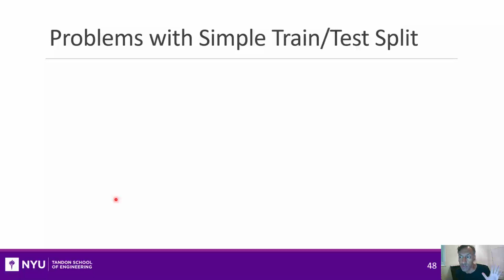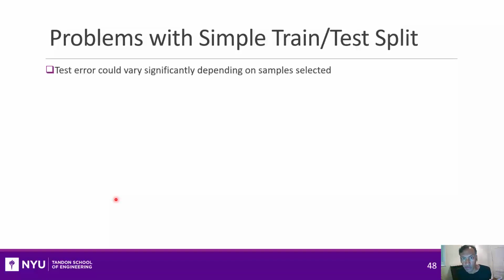Okay, there are some problems though with this very simple train test procedure. The first is that the test error could vary significantly depending on how you split the training and test. So if you pick certain samples for test and the other samples for training, you might get a low test error, but if you pick different ones, you could get a high test error.